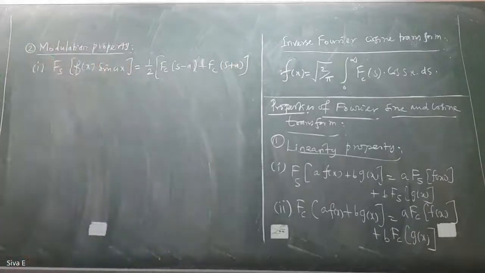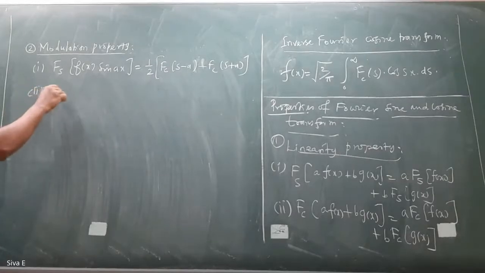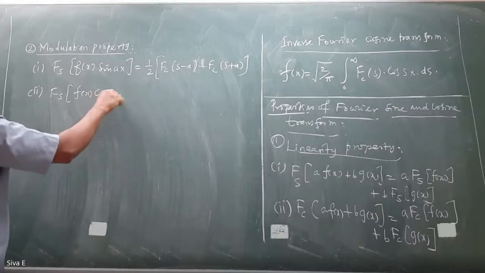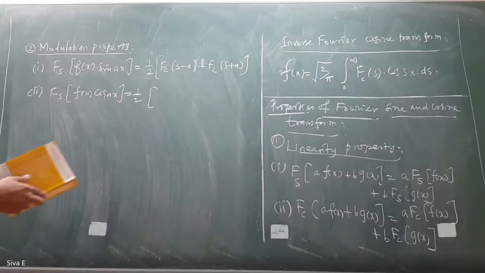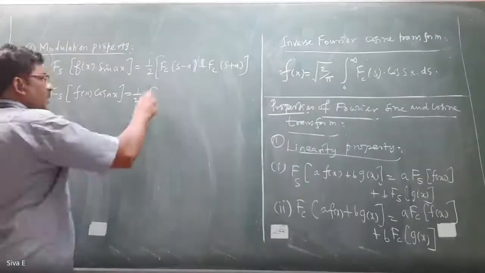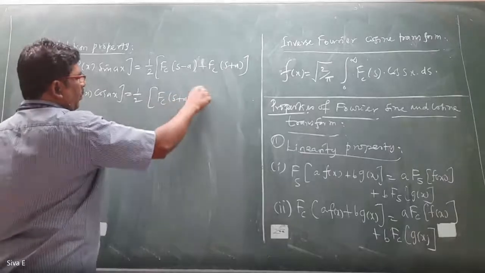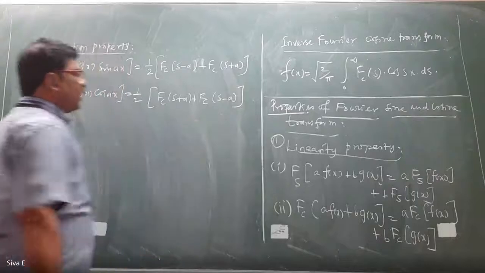First property. Second property is Fs of f of x cos ax equal to 1 by 2 Fs of s plus a plus Fs of s minus a.